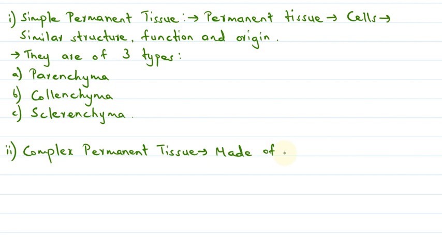more than one type of cell. They are made up of more than one type of cells, which coordinate to perform a common function.